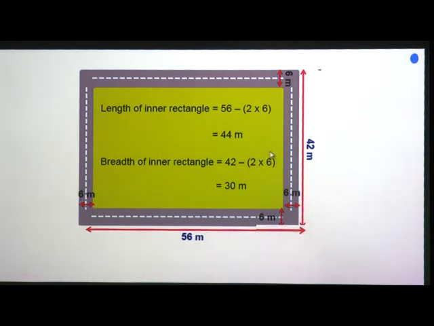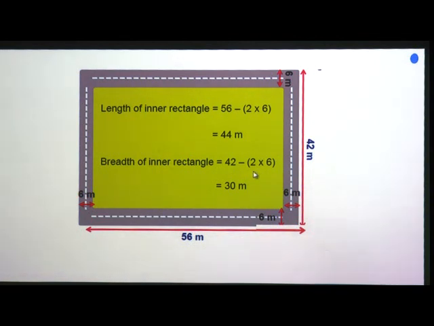The breadth of the outer rectangle was given to us as 42 meters, so we write 42 minus 2 into 6, because everywhere the width is 6 meters. Minus 2 times, because there are 2 sides, and opposite sides of a rectangle are the same.